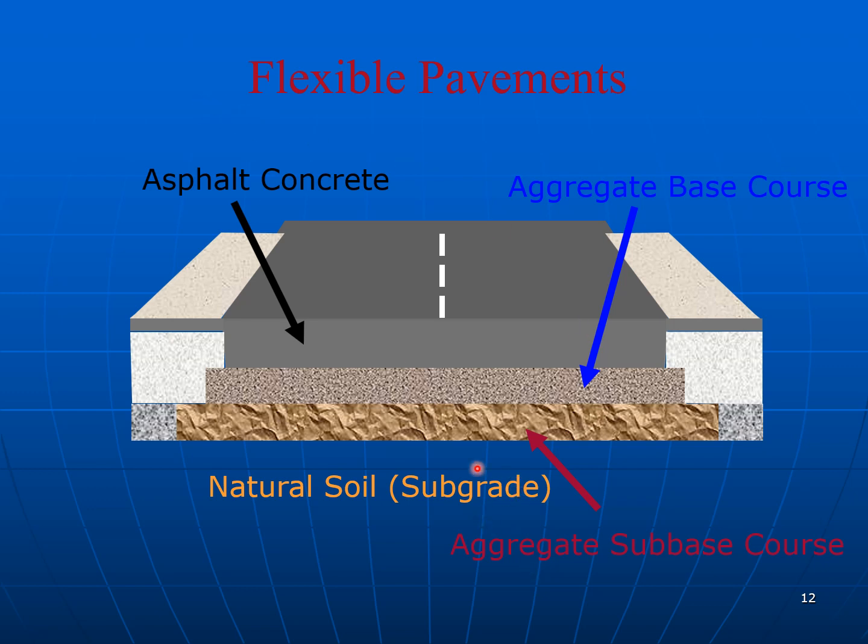This is the subgrade, and upon the subgrade we have the subbase, and then the base course, and then the asphalt concrete. This is the surface of the pavement, or the surfacing. This is the typical cross section of the flexible pavement.